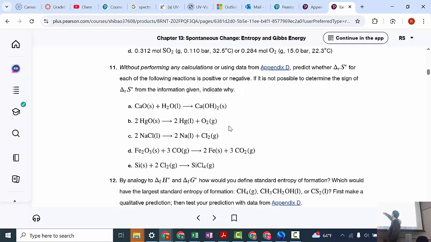Let's go on to B here. There are different ways of thinking about this. This one's kind of tough because mercury is kind of like a noble metal. It's pretty unreactive, like gold, platinum.